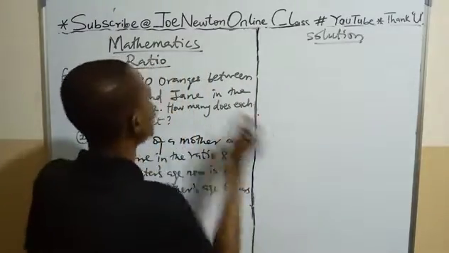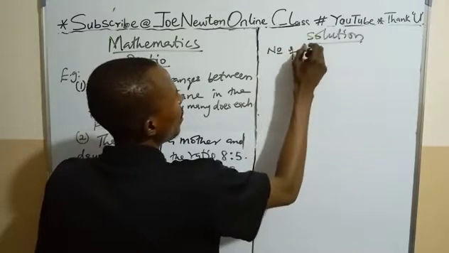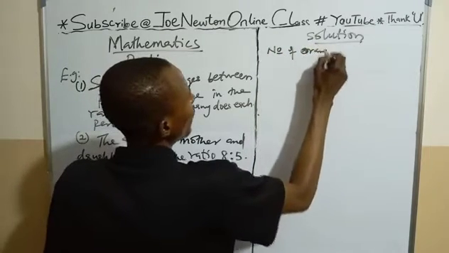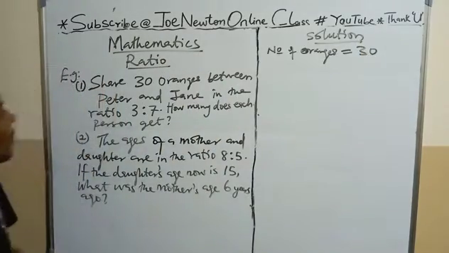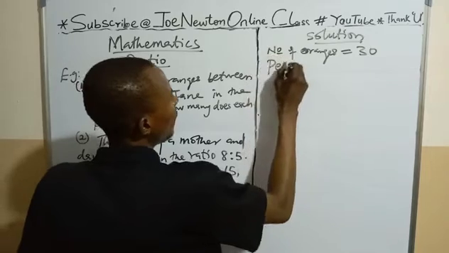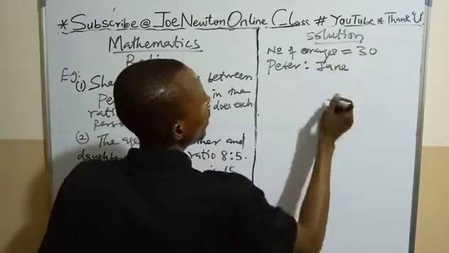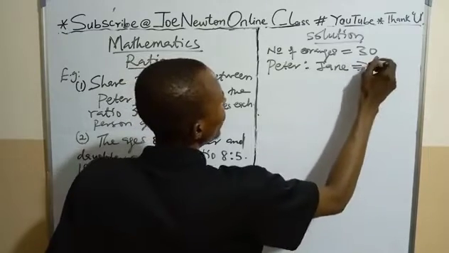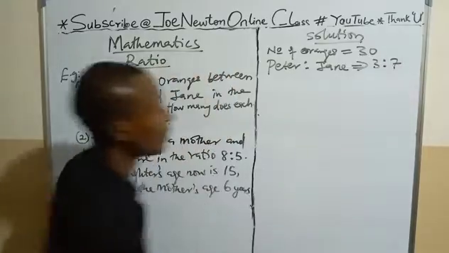Now we have that the number of oranges equals 30. Then the ratio Peter is to Jane is equivalent to 3:7 from the question.